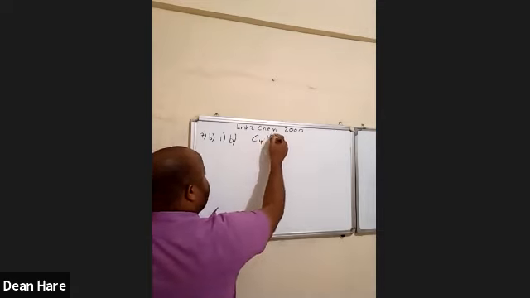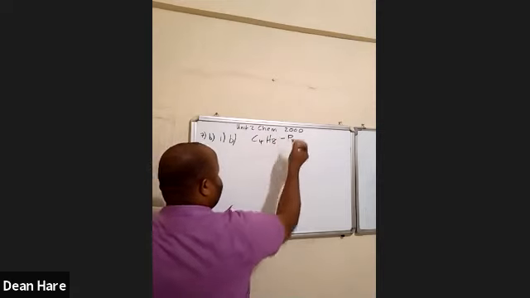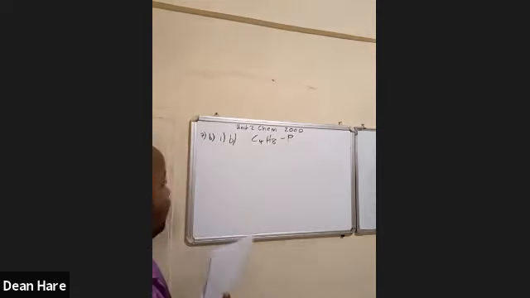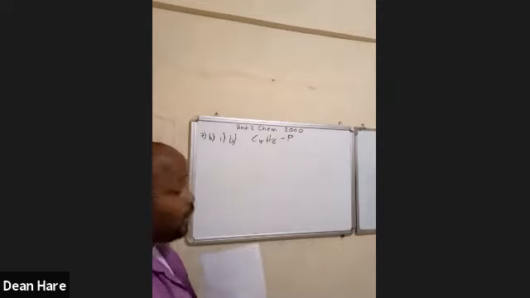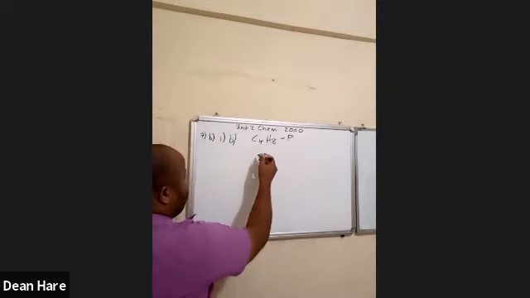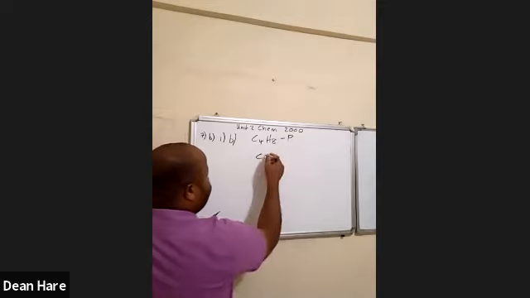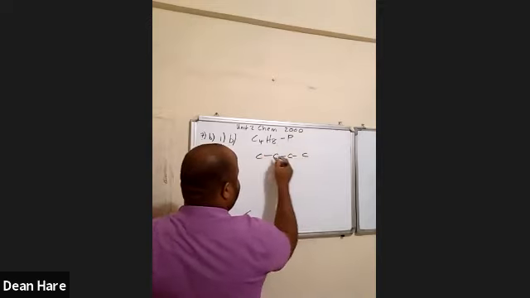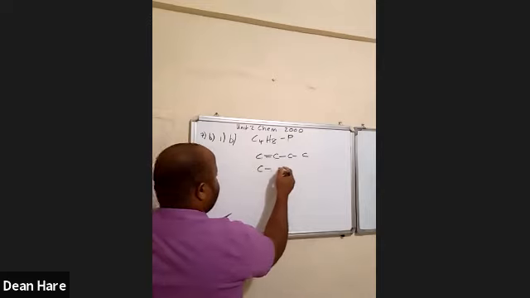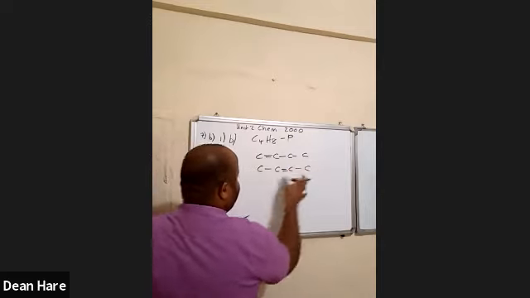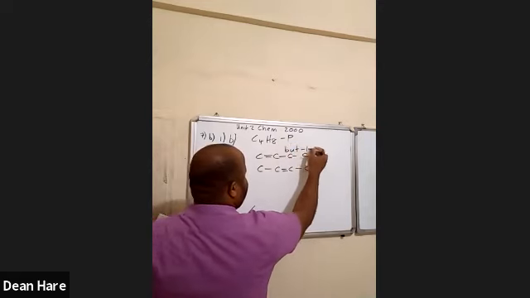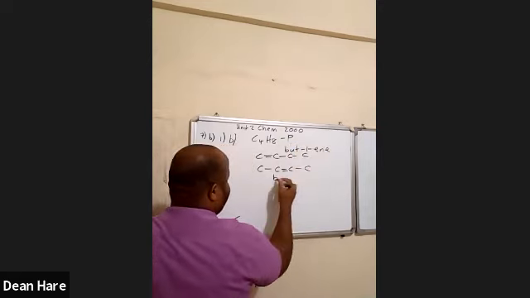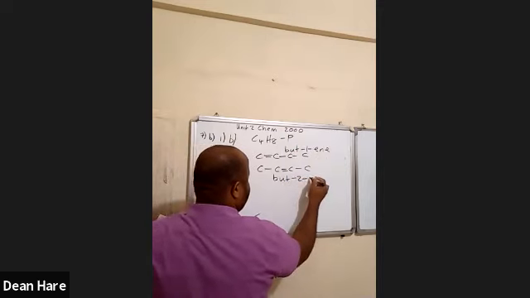We don't know the structure of compound P, all right? But we know it can be butene or a branched isomer. So it could be but-1-ene, but-2-ene. All right, so let's draw them out. So C4H8. It could have been but-1-ene. It could have been but-2-ene.